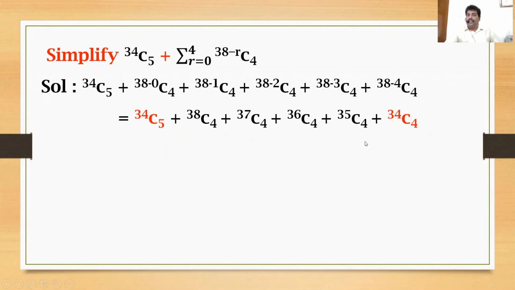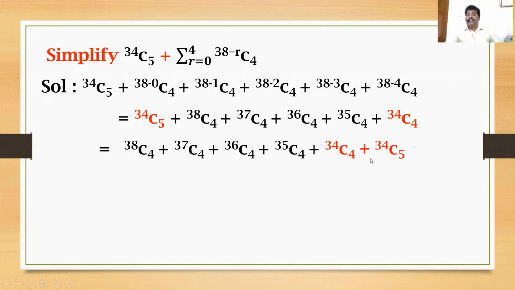These two are consecutive, 5 and 4. So for these two terms we can apply our formula. What is our formula? nCr + nC(r−1) = (n+1)Cr. So 34C4 + 34C5 = (34+1)C5, that is 35C5.